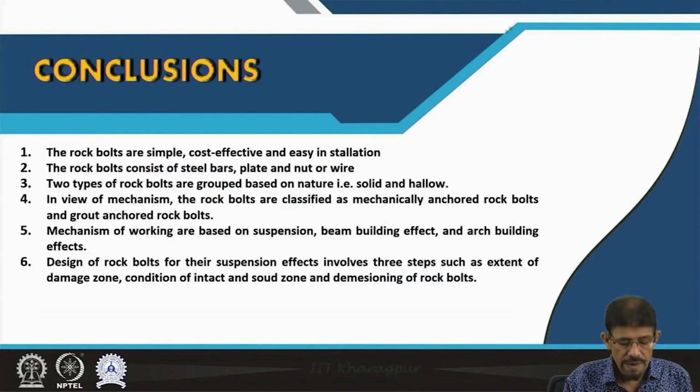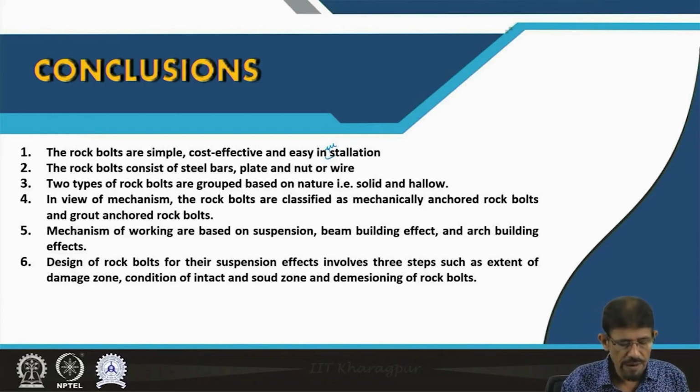Here in conclusion, we can summarize that rock bolts are simple, cost effective and easy in installation. The rock bolt consists of steel bar, plate and nut or wire. Two types of rock bolts are grouped based on nature: solid and hollow. Then hollow ones are indifferent, serrated, cylindrical and bulbous.